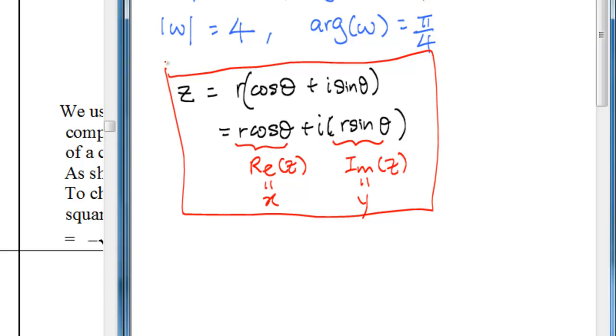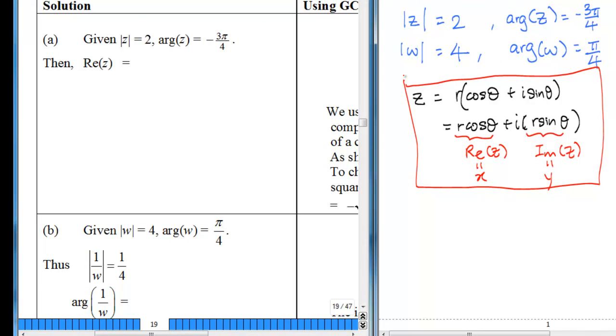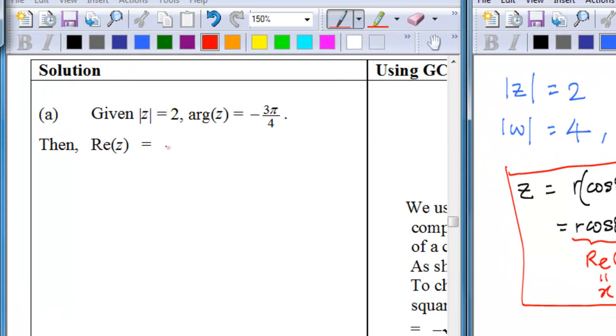In example 17a, we are given the modulus of z and w: mod z is 2, mod w is 4. We are also given the argument of z as negative 3 pi over 4 and the argument of w as pi over 4. So in example 17a, we know that the real part of z can be written as r cosine theta.